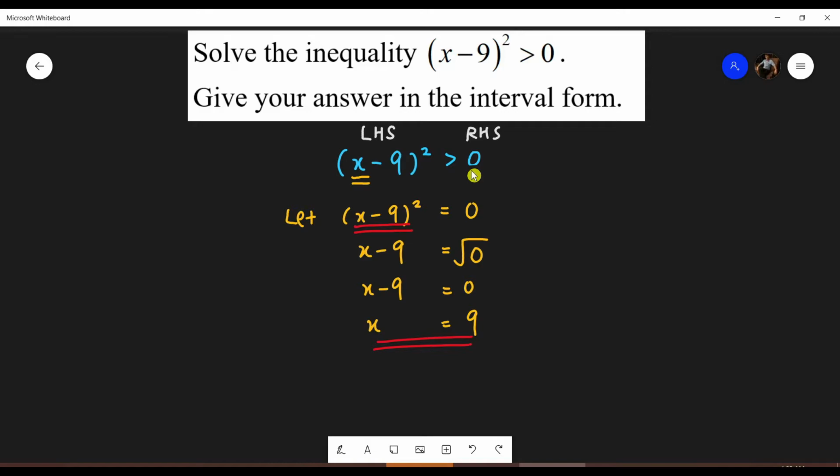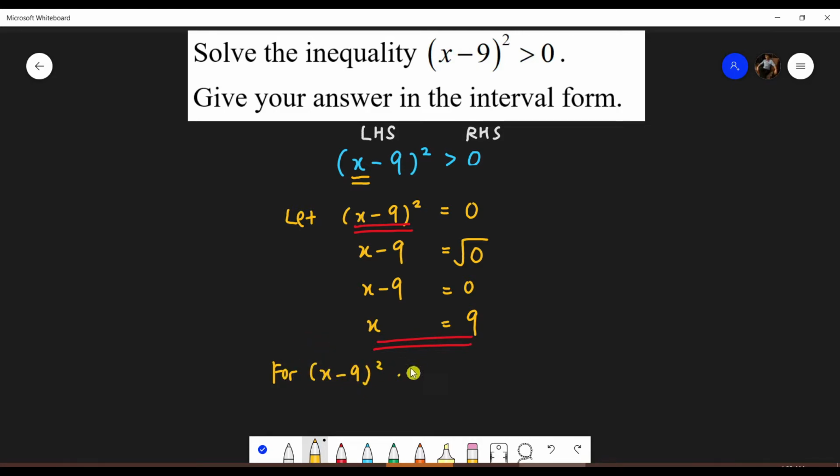So we write the explanation below. For (x - 9)² > 0, x cannot be equal to 9, because if x = 9, it will satisfy the equation but not the inequality. So this is the condition: x cannot be equal to 9.